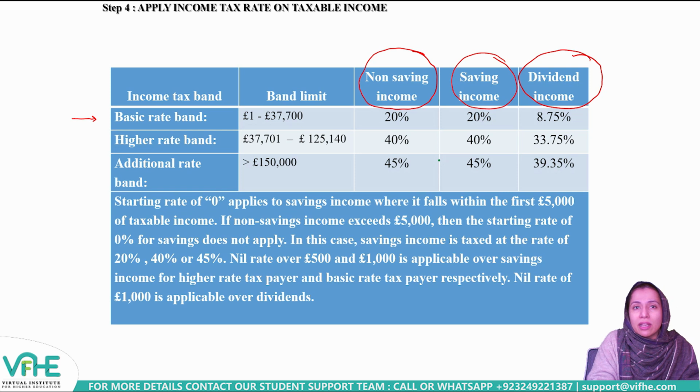If the taxable income for the non-savings column is 37,700 pounds or below this limit, then the basic rate shall be applied, and that is 20%. So if the taxable income for a person is 37,700 or less, that's basically the point where the basic rate has to be applied, and that is 20%.